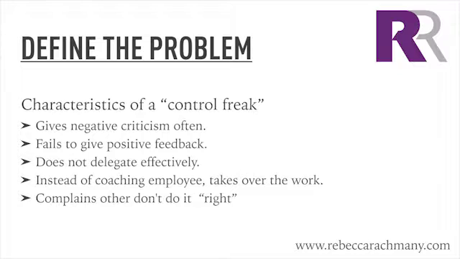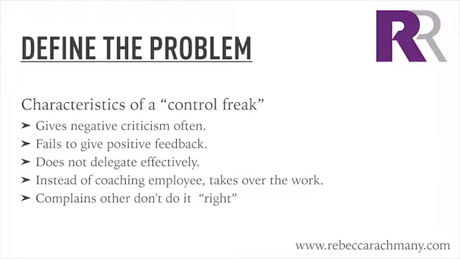So that's one characteristic. Another characteristic that we might say of this control freak is that they are very quick to give criticism and not necessarily the constructive kind. They give negative criticism, maybe it's demoralizing people, it's not actionable, like, oh, this isn't good enough. Well, that doesn't help, right? So that's another control freak behavior that we can address. Another one is maybe they fail to give positive feedback, right? If something's going well, they never say, oh, that's great. They always maybe find fault at things, right? A control freak probably doesn't delegate effectively. So people aren't always doing the things that they're best at, or the control freak, so to speak, is doing things themselves.